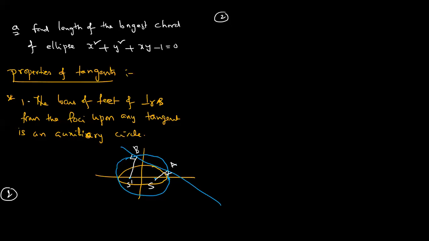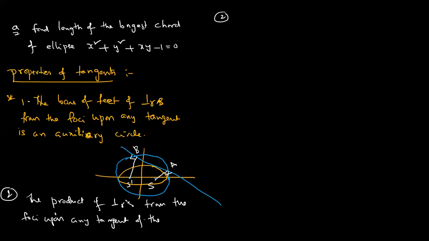They are asking what is the value of SA into S dash B. That means the product of perpendiculars from the foci upon any tangent.